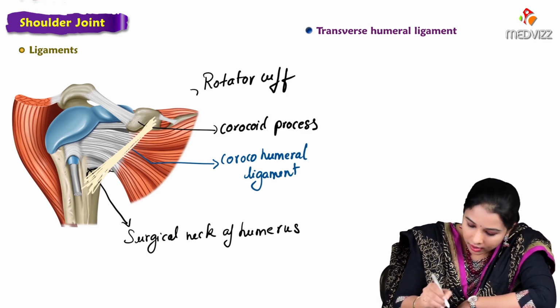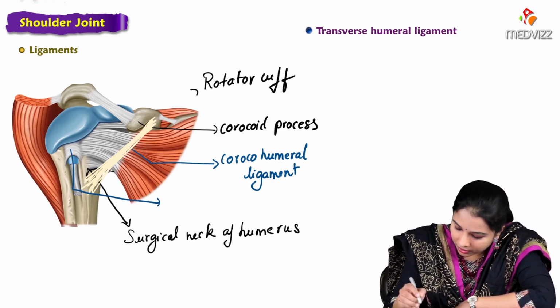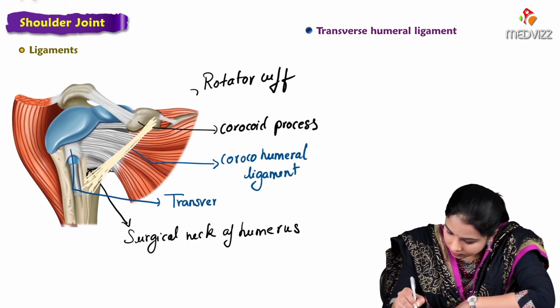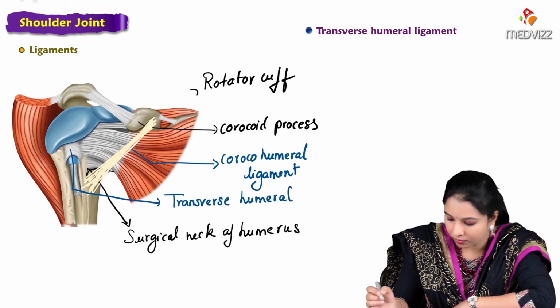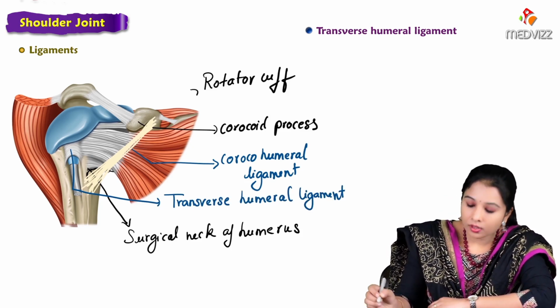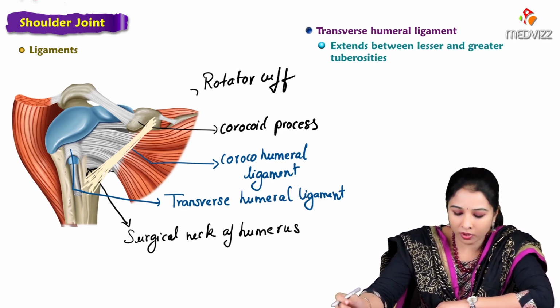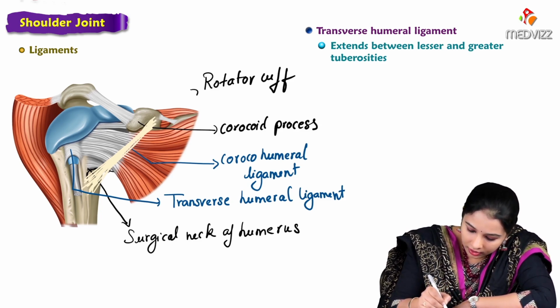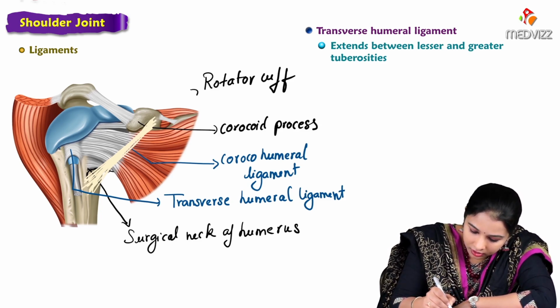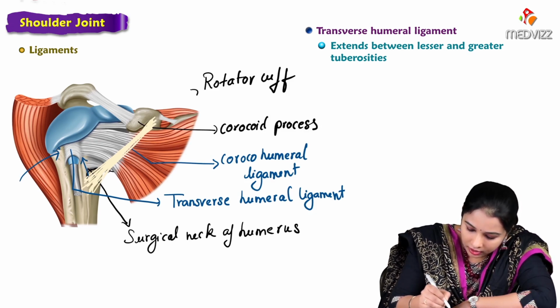Next is the transverse humeral ligament. I will show you all. This is the transverse humeral ligament. It extends between the lesser and the greater tuberosities. So this is the greater tuberosity, and this is the lesser tuberosity.